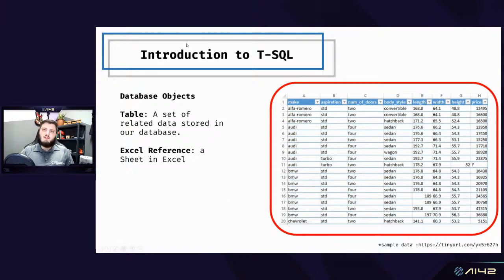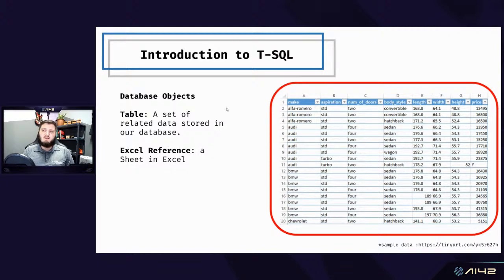A table would then be considered a set of related data stored on one sheet. On the right-hand side of your screen, I downloaded the famous cars data set from Kaggle and imported it into Excel just to give you an example of how to represent a database.